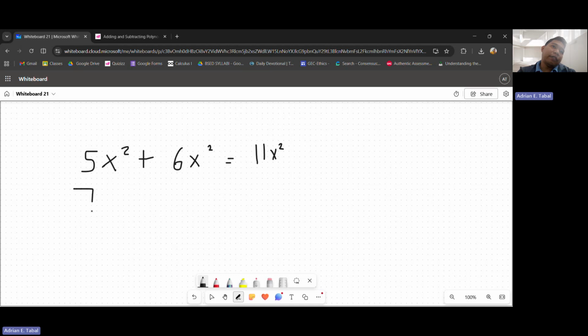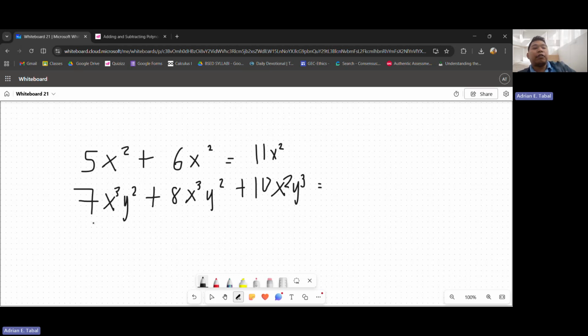Another example, we have 7x cubed y squared plus 8x cubed y squared plus 10x squared y cubed. As you can see, 7x cubed y squared and 8x cubed y squared are like terms. But 10x squared y cubed is not a like term with 7 and 8 since the variables are not the same.